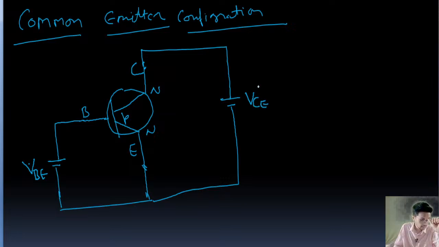So this is the common emitter configuration, since the emitter is common. This is the direction, from P to N.